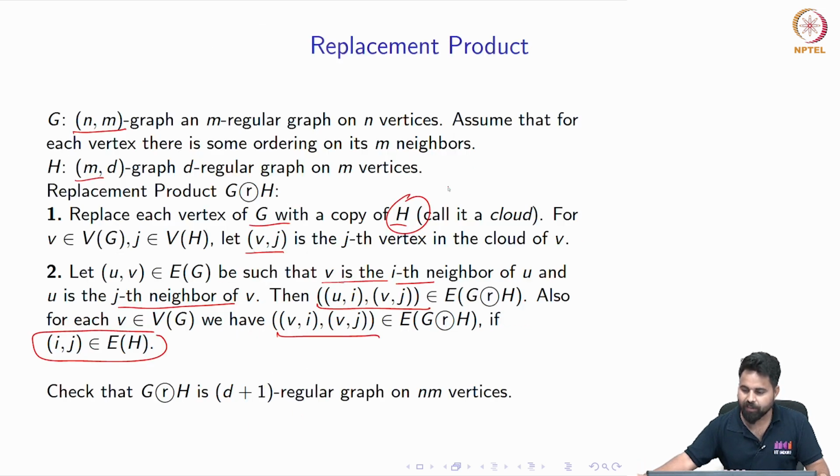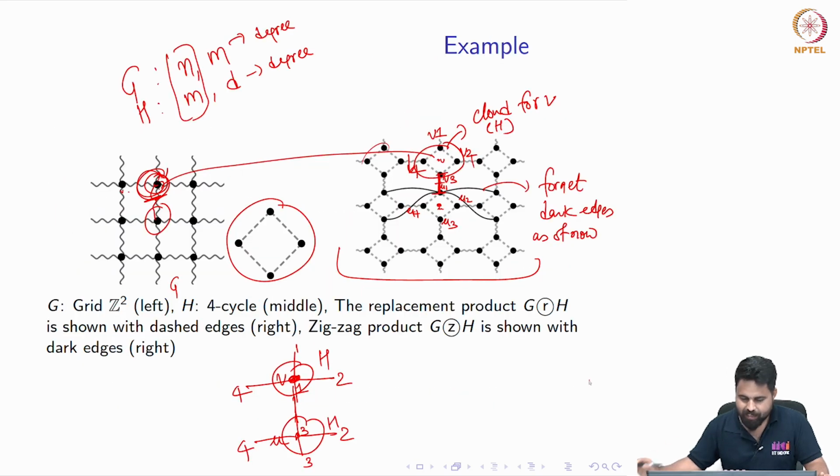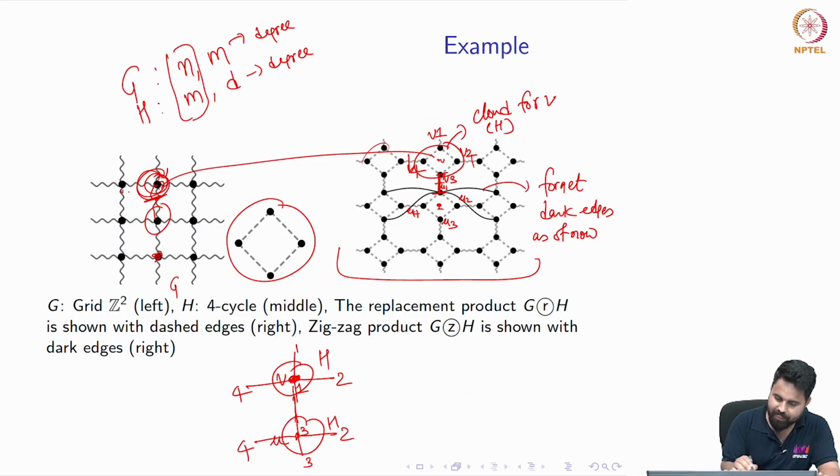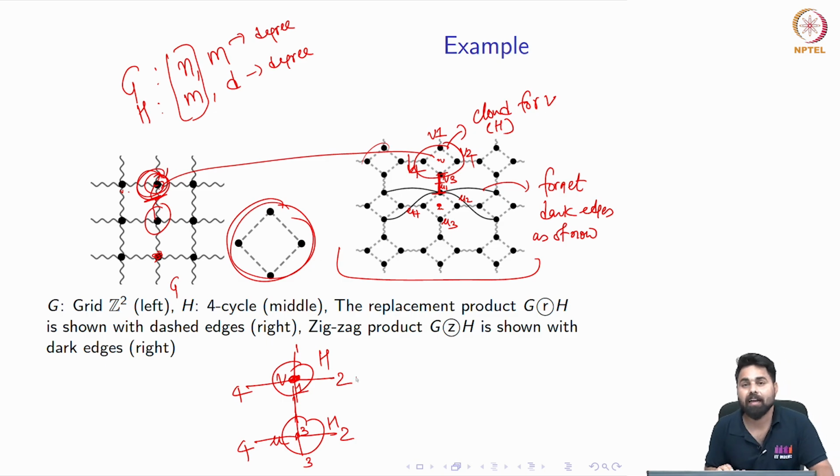Very good. Now this was about replacement, but by the way, what will be the degree of the resulting graph after a replacement product? Again this will be a regular graph, but now the degree of each vertex will be d plus 1. Why is it so? This is actually very easy to see. Remember, we are replacing every vertex with a copy of H, so all the edges inside the H we are preserving.